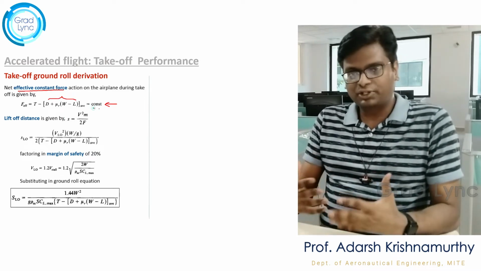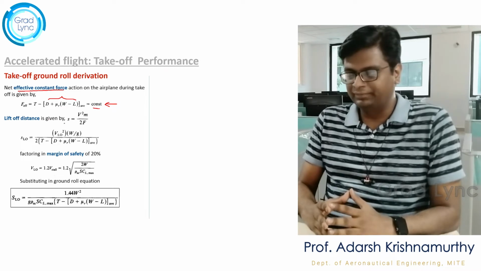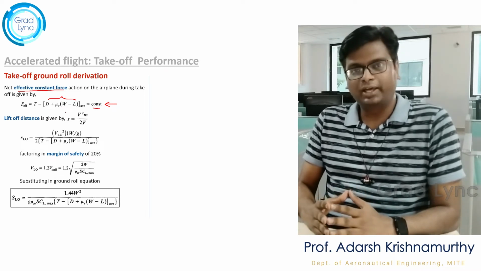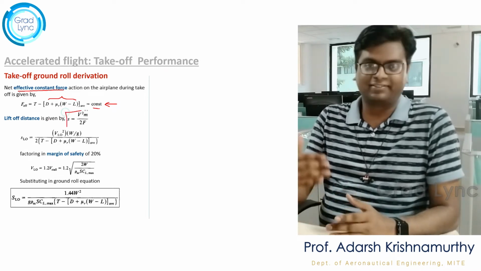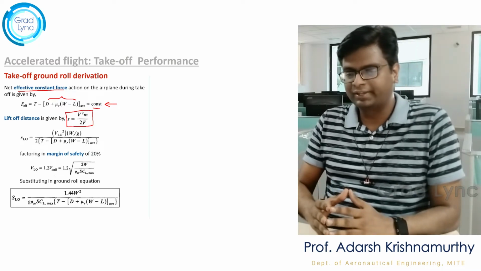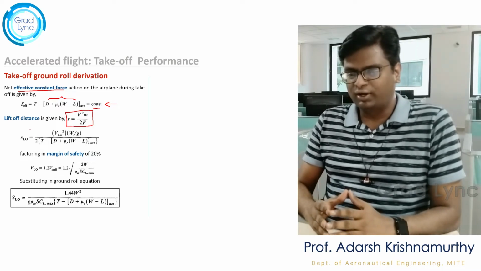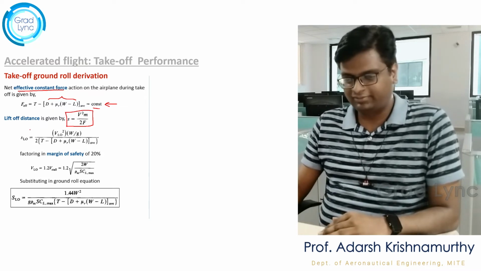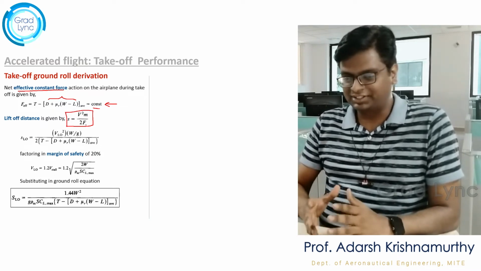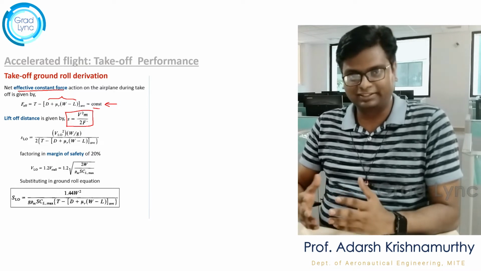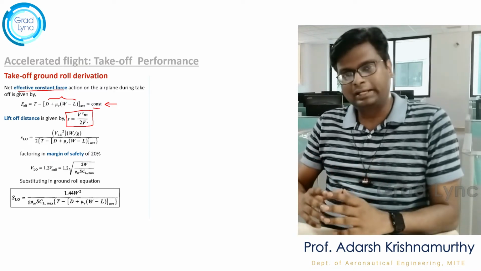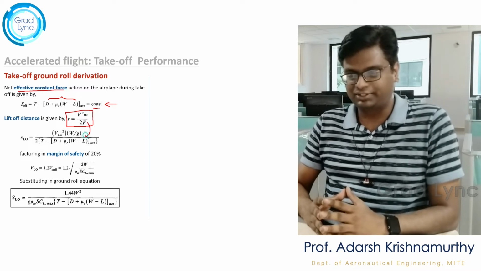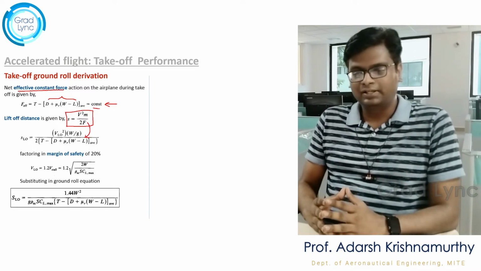Then the liftoff distance is given by S equals V squared M by 2F. This is the same expression we derived. And for liftoff, I am going to substitute the value of F, which is thrust minus drag plus the frictional force. We will try to include the margin of safety of 20%, right?